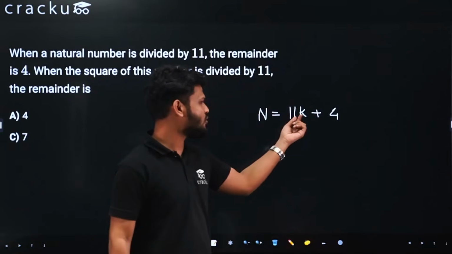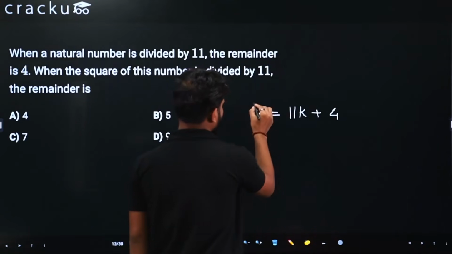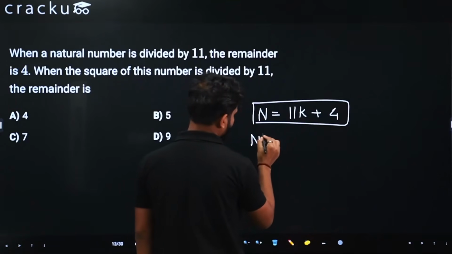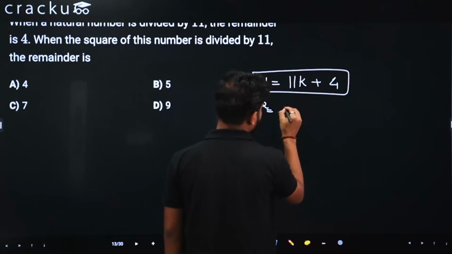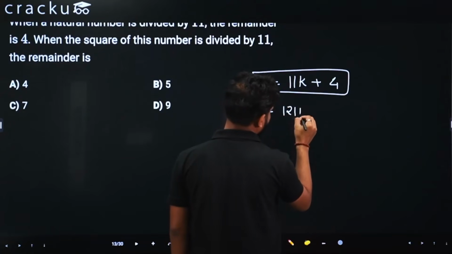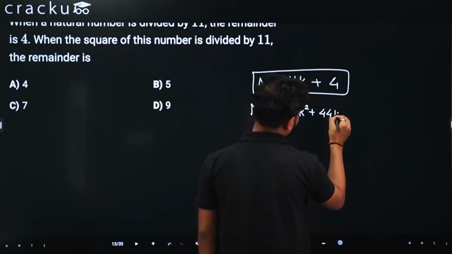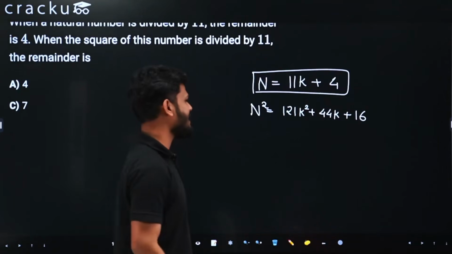So divisor into quotient plus remainder is dividend. Now what is n square? n square will be 11k plus 4 square. This will be 121k square plus 44k plus 16.